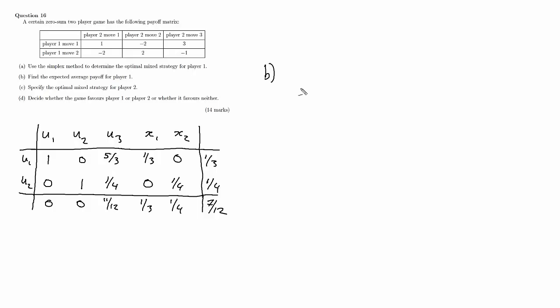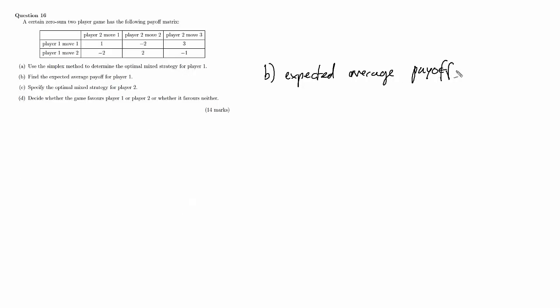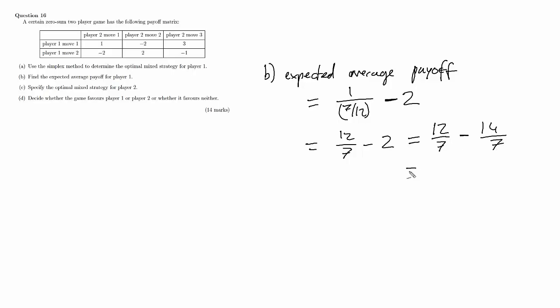Our bottom right-hand value is 7 on 12, so the expected average payoff is 1 on 7 on 12 minus the value that we added at the start, which was 2, and so that's 12 on 7 minus 2, or equivalently 12 on 7 minus 14 on 7, which is minus 2 on 7.